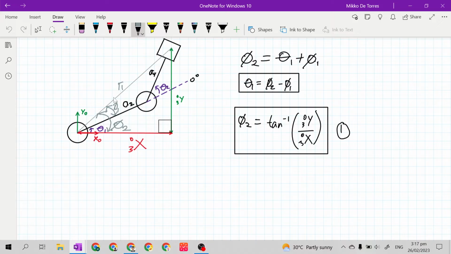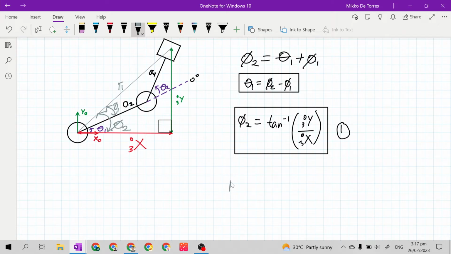The sides of this triangle are not equal, so we will use here the cosine law, or the law of cosines. But we don't have yet the value for r sub 1. So we need a value first for r sub 1.